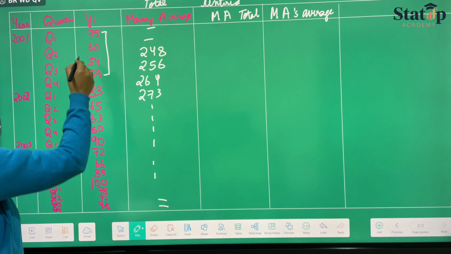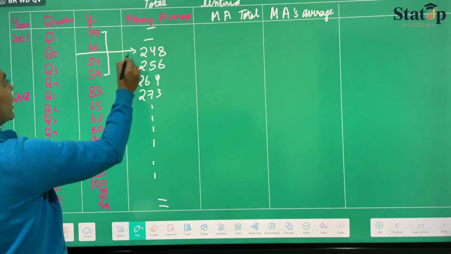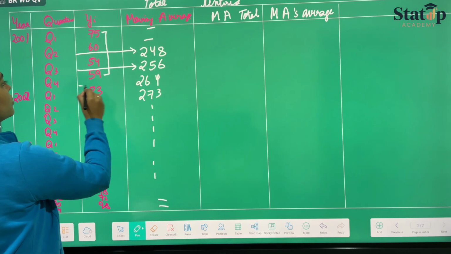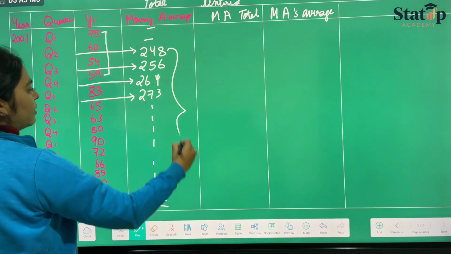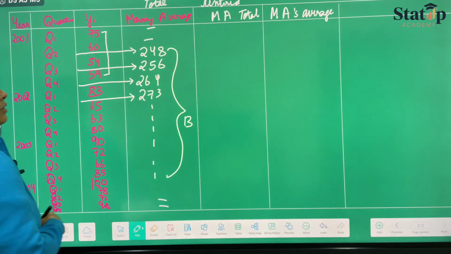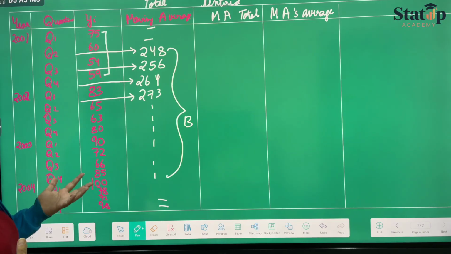Okay, so here we see that these values lie in between the values. So these are not centered values. And the total that we'll get is 13. So it is an odd number, so we'll calculate the centered moving average.